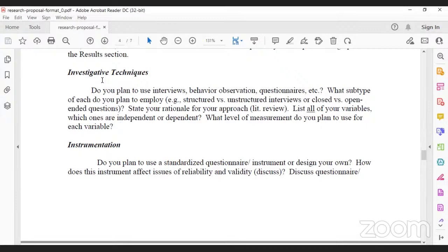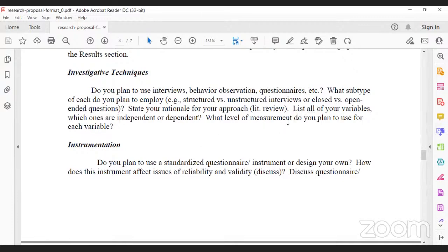What level of measurement do you plan to use for each variable, because not every variable comes under the purview of dichotomous and Likert type? So what level of measurement are you planning to use for each variable?